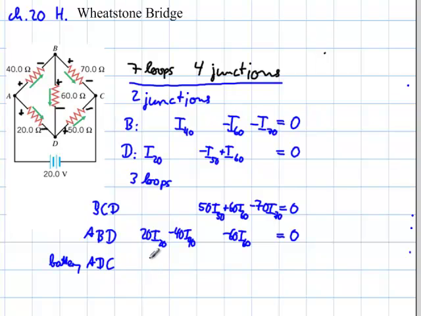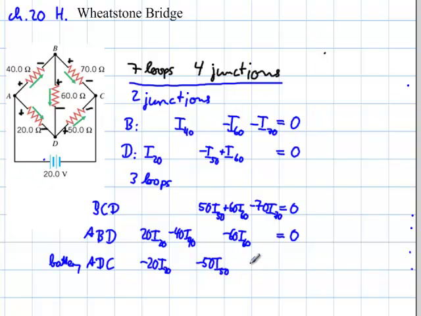I'm going to have negative 20 I20, and then I go down here, potential drop, negative 50 I50, and then I have 20 going up.